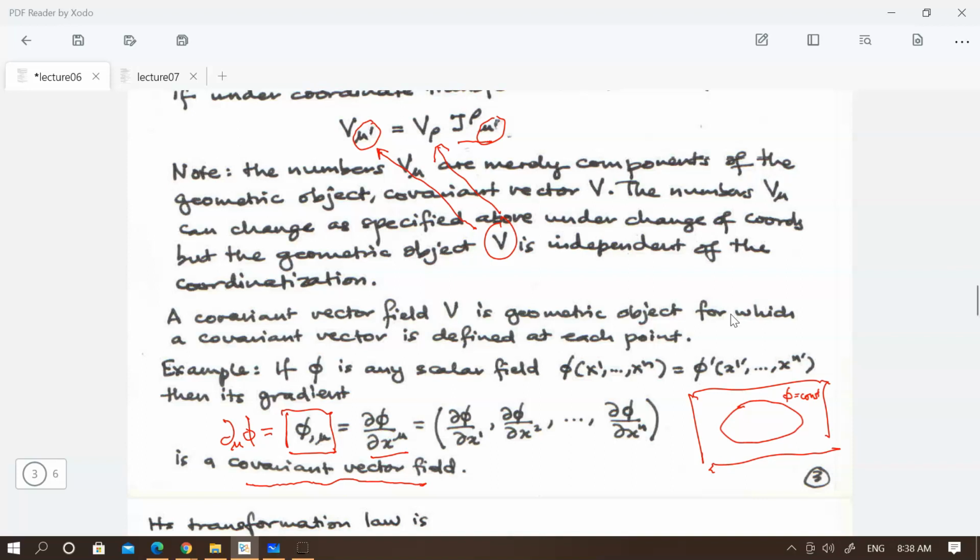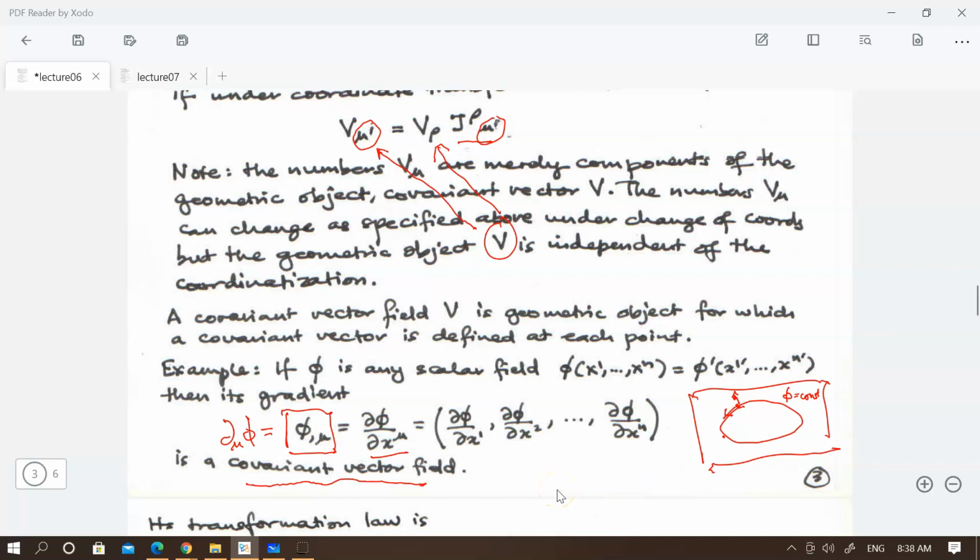Then along this circle I can define some kind of direction around the circle. Not necessarily the tangent, it could be a normal to the phi equals constant curve. I should be using a different description, but never mind. The idea is that you can define a vector, a covariant vector in this particular case, at each point of the space.